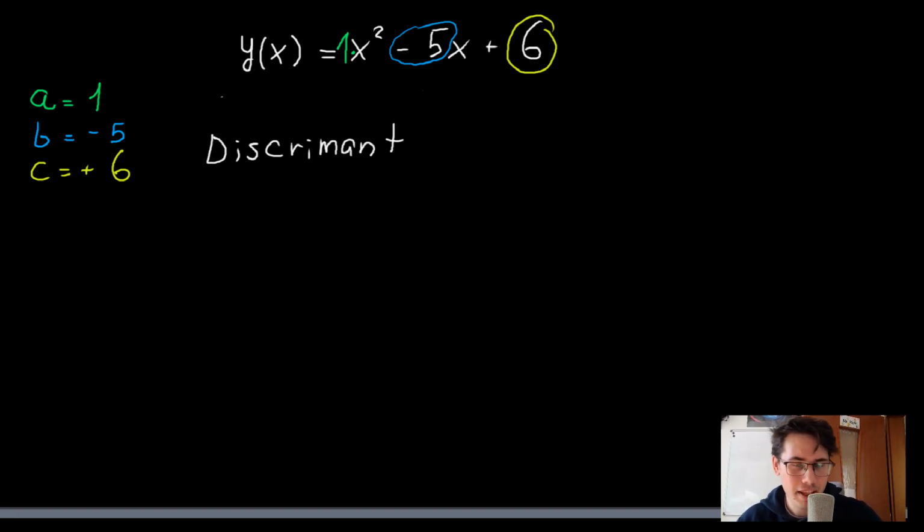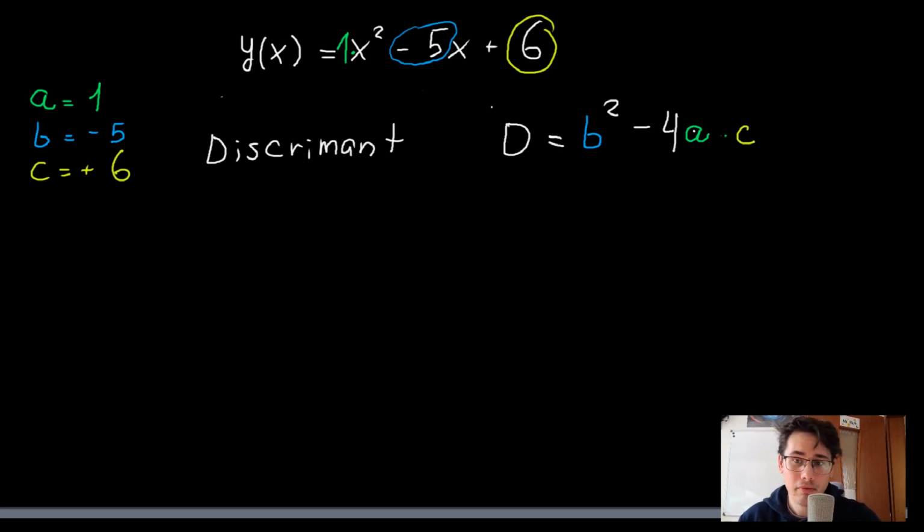For now we'll just memorize how to find this number, and it is that D equals B squared minus 4 times A times C. That's all.